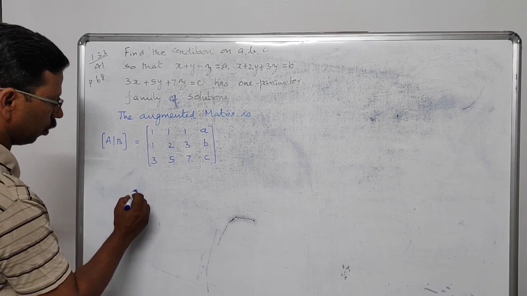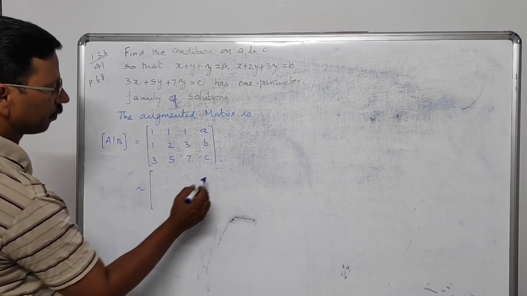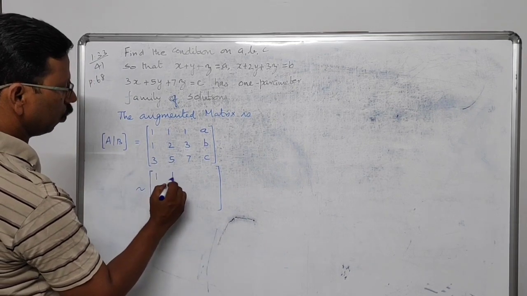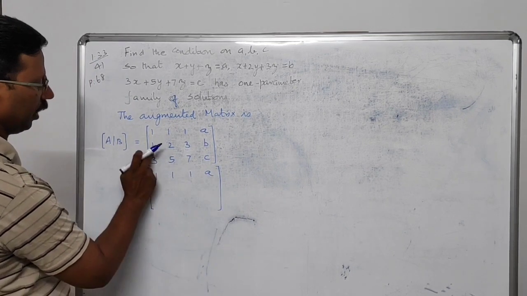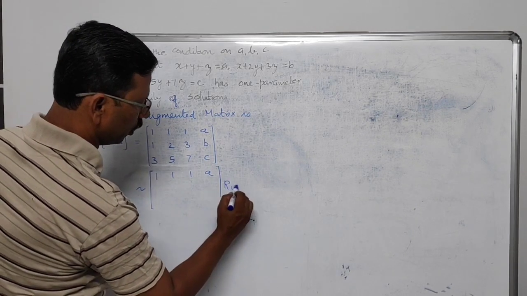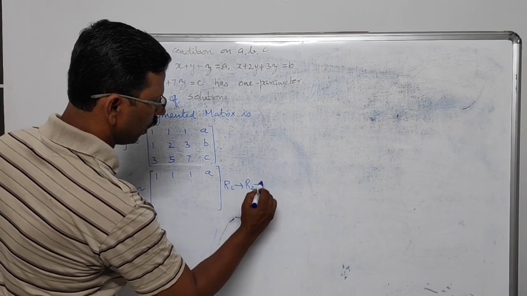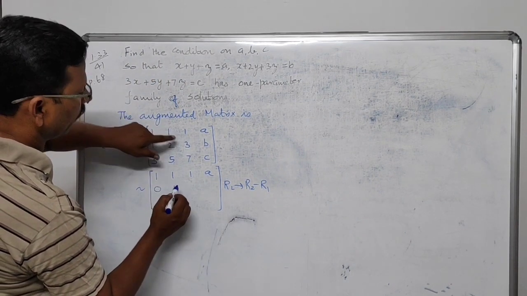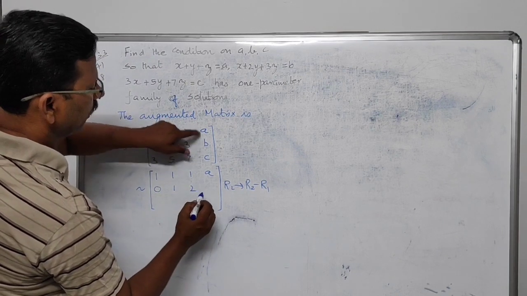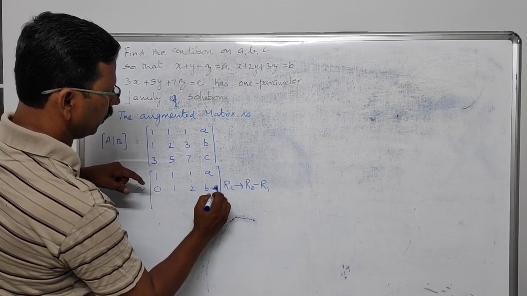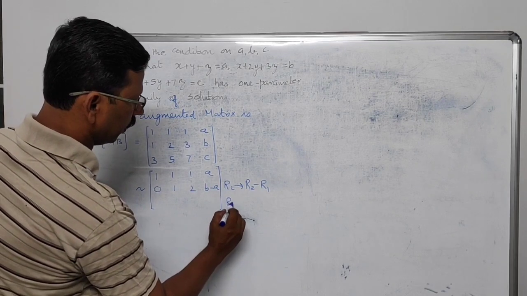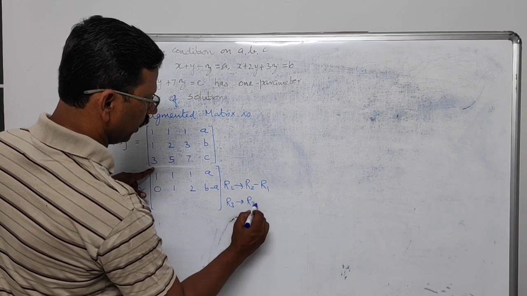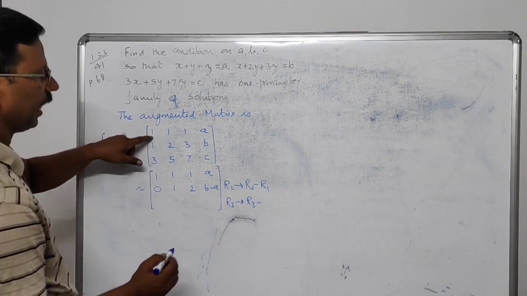Further, we can reduce this to row echelon form. First, we write row 1 as 1, 1, 1, A. The second row can be subtracted directly: R2 gives R2 minus R1. 1 minus 1 gives 0, 2 minus 1 gives 1, 3 minus 1 gives 2, then this is B minus A. Then R3 gives R3 minus 3 times R1.